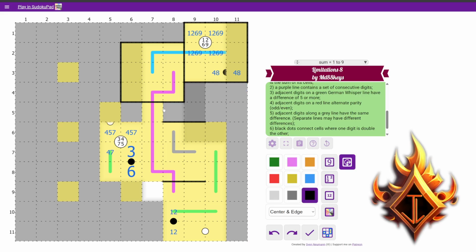This one has to be a corner, because that one can't be a cell. So since it starts here, it can't go to the right anymore. It has to be starting a box, and it has to end up like that.